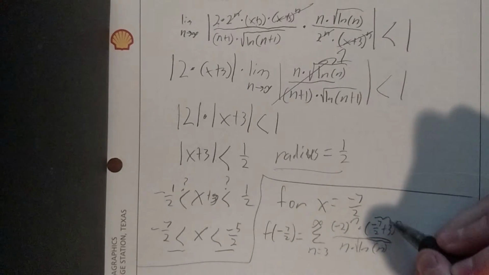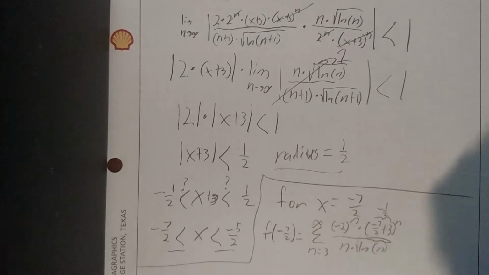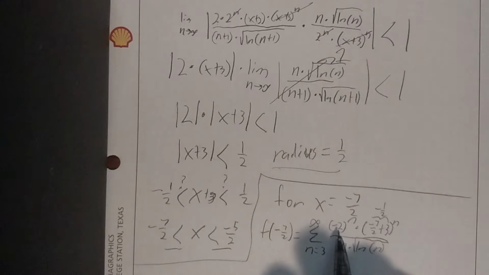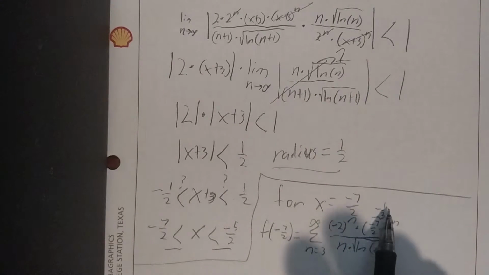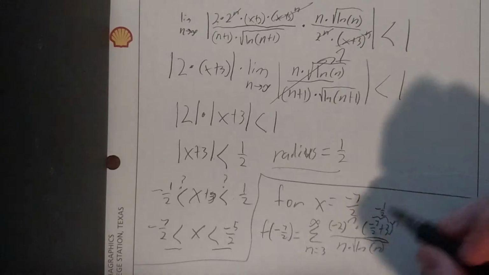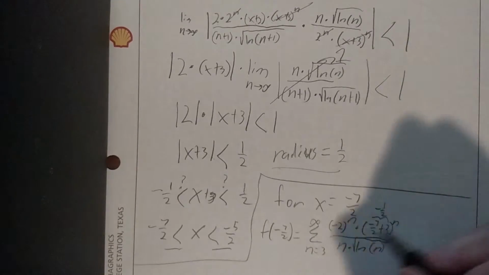Now this here is equal to minus 1/2. So with minus 2 to the n times minus 1/2 to the n, that is equal to just 1.